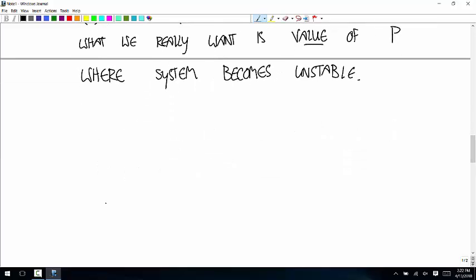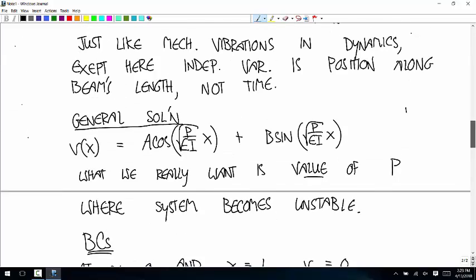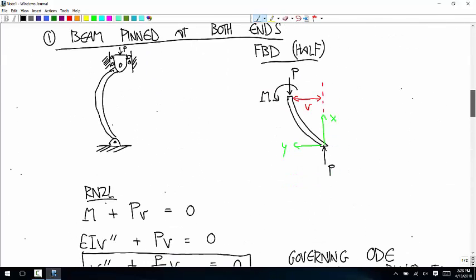Okay, so what do we know? Now we're on to the boundary conditions. Well, we know that at x equals 0 and x equals L, deflection is equal to 0. Okay, so that comes from dealing with the pin-pin case.